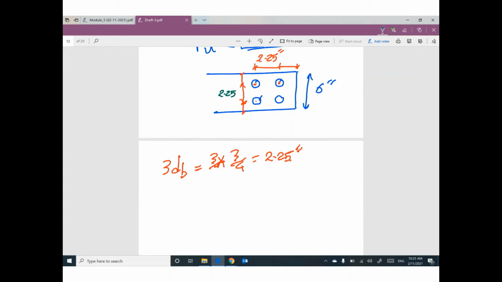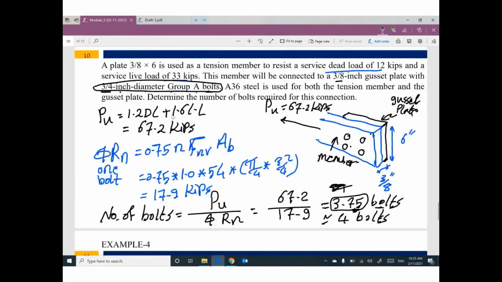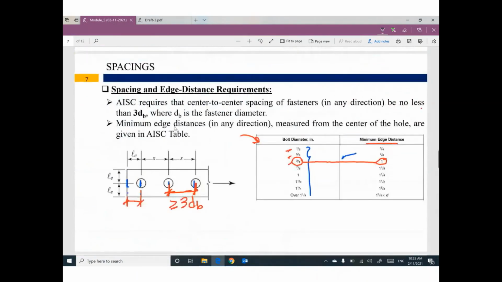That makes sense? Okay. What is the edge distance between the center line of this bolt and the edge of the member? We need to use this table. Based on the bolt diameter of 3/4, the minimum edge distance is 1.